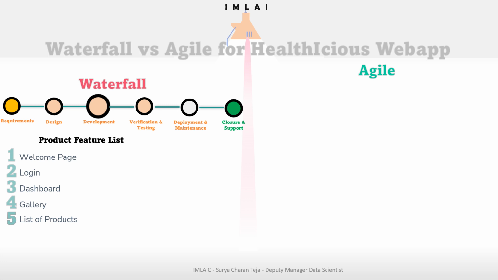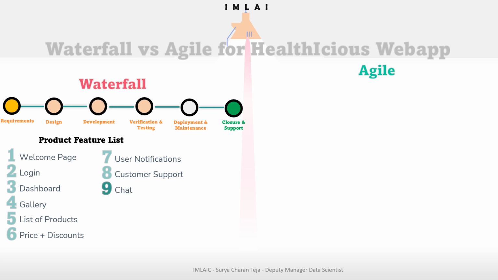And then the complete list of products, a price plus discounts component, user notifications, customer support specifically, a feedback form, and basically chat. We'll use a chat bot, and a cart. So these are the product features that you're expecting, and the final one is payment gateways.